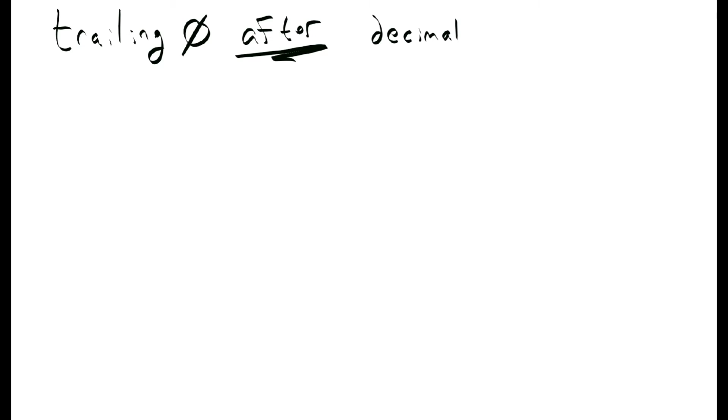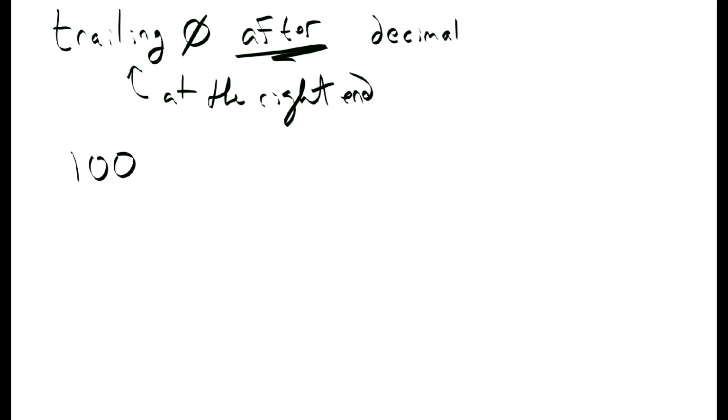So a trailing zero means at the right end. On the left, I mean, you shouldn't have zeros on the left, right? Well, you can if it's a small decimal. You can have zeros on the left, but they have to be on the right to be considered a trailing zero, and it's only significant if it comes after the decimal place.